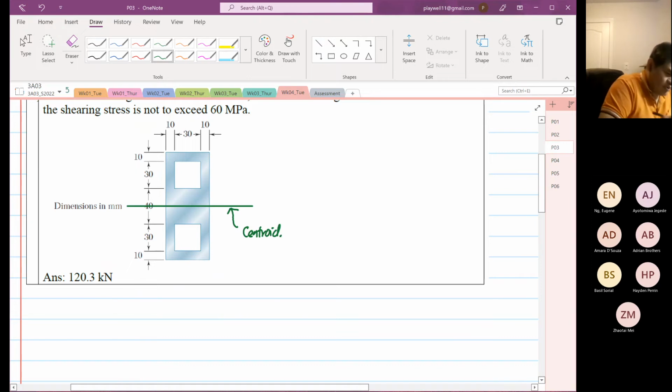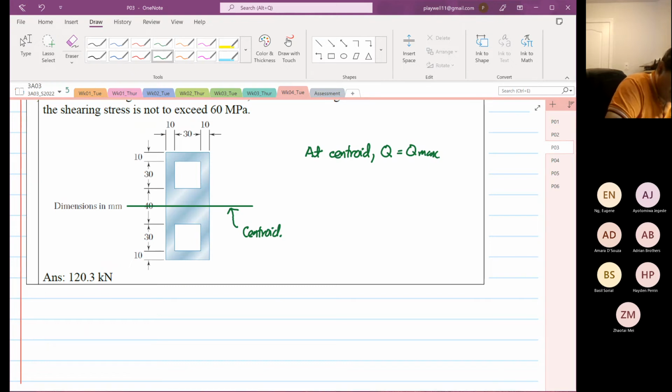So at the centroid, Q is equal to Q max, because the area that we have to consider for the first moment of area is this area, the maximum area.